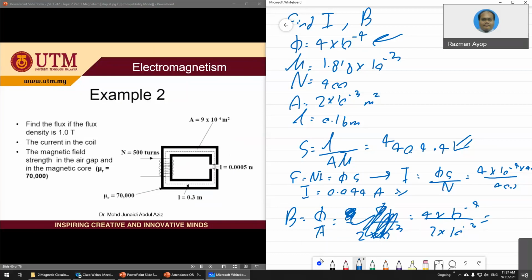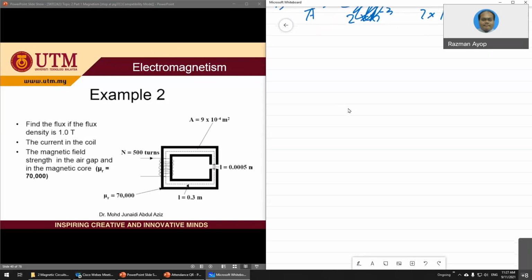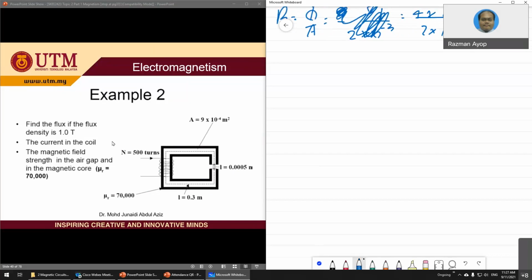Now we move on to example 2. For example 2, you can see here, find the flux if the flux density is 1. So you just extract all the information first.